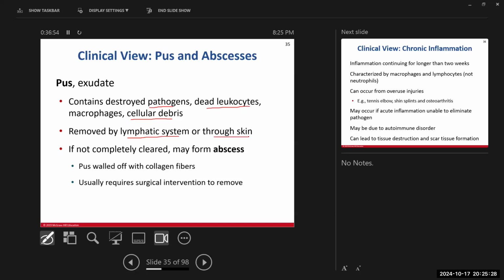Now, in those cases, like what Willie brought up, if we can't clear that away, we get the abscess, and then your fibroblasts come in there and wall it off with collagen. Has anyone here ever watched Dr. Pimple Popper? I think that's the famous one.